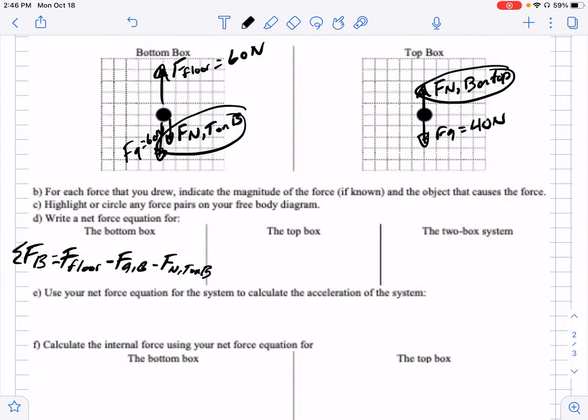For our top box, so we'll put net force for the top box. We have the normal force, that contact force from the bottom box pushing up on the top one. Minus, we have the weight of that top box. So FG top.